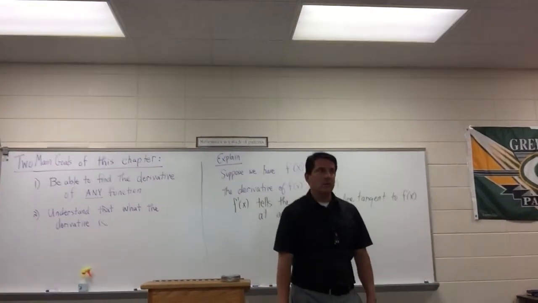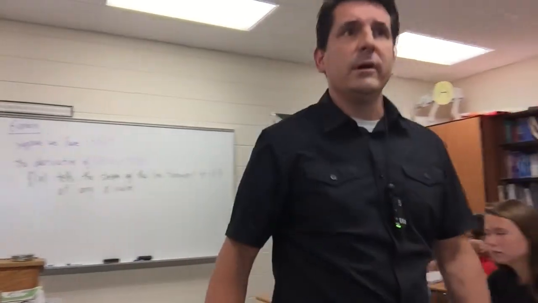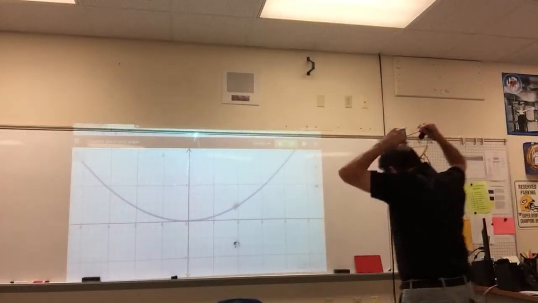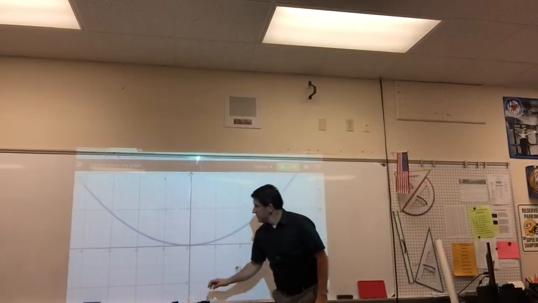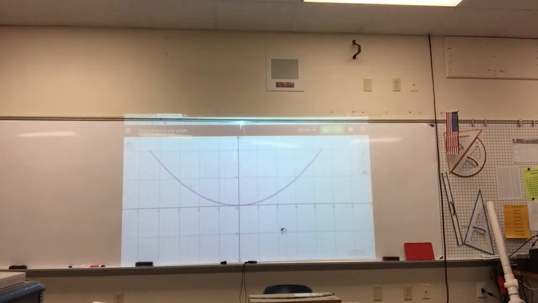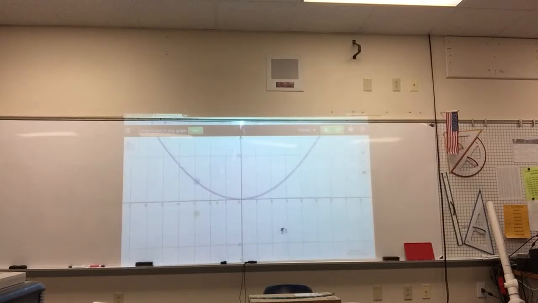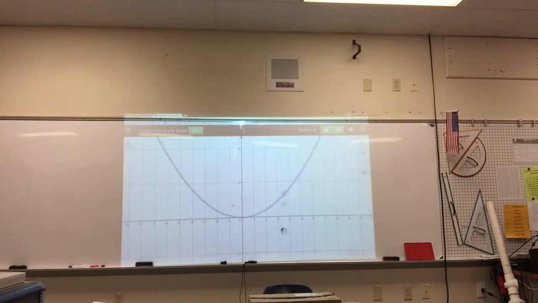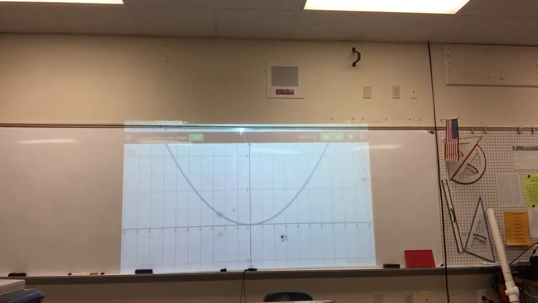Okay. All right. To the front board. Just to make sure we got that, and then we're going to find derivatives. So we've got this graph going on here, and I have the blue curve that is traveling from negative 10 to positive 10.